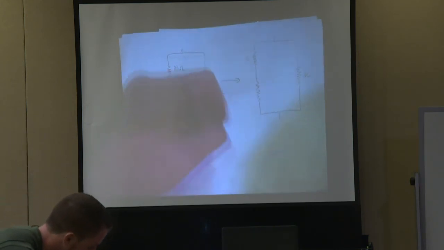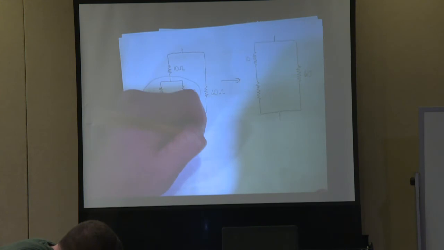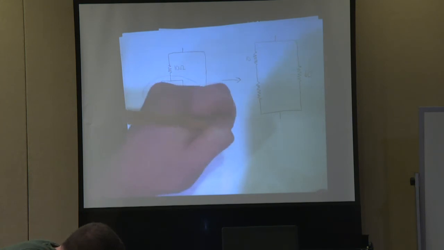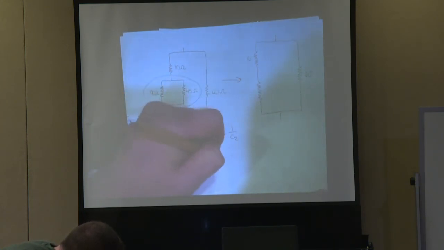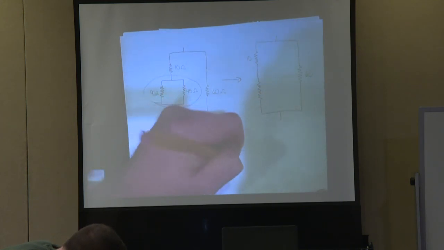Very good. So it's going to look like 1 over Req equals 1 over R1 plus 1 over R2, 1 over 90 plus 1 over 45.